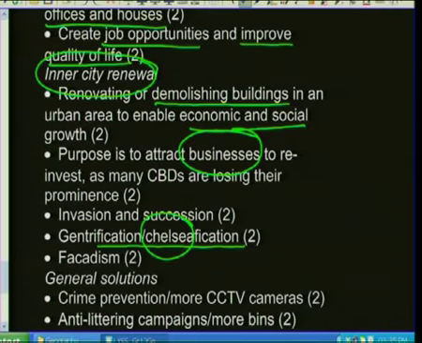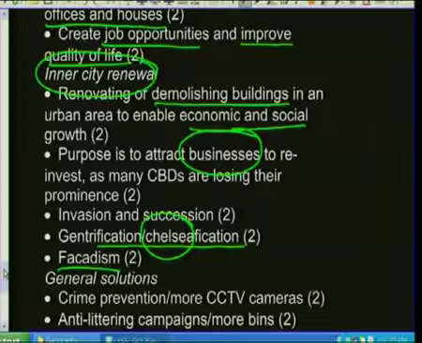You might have guessed that the term Chelseafication comes from the region in London, Chelsea, where it happened first. Facadism, I referred to earlier, is where you take an existing building and put a new outer covering onto it, make it look good, but keep the existing architecture inside.